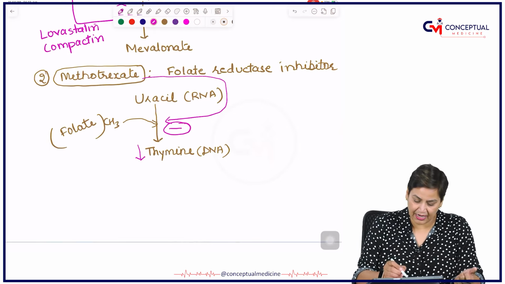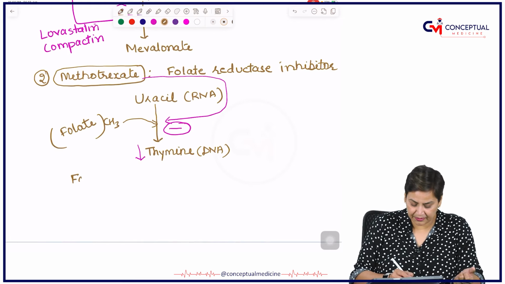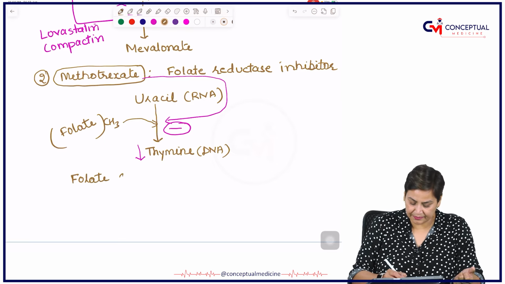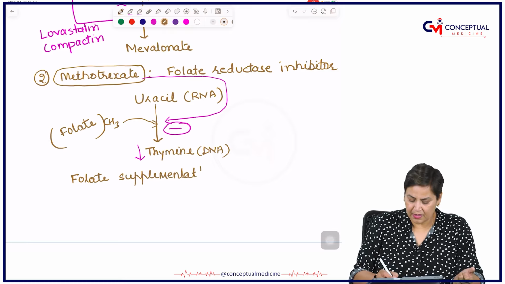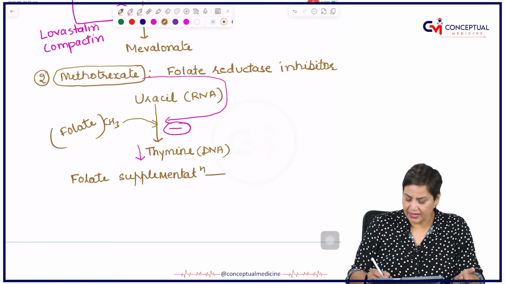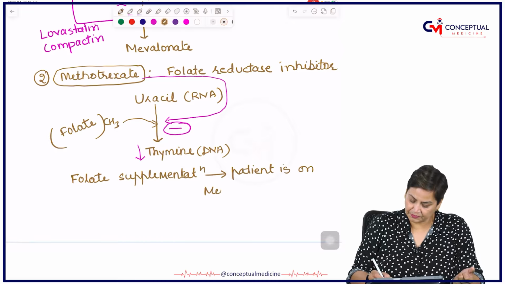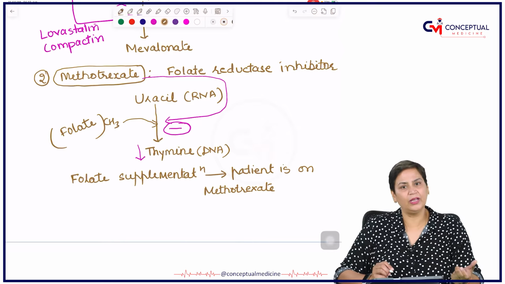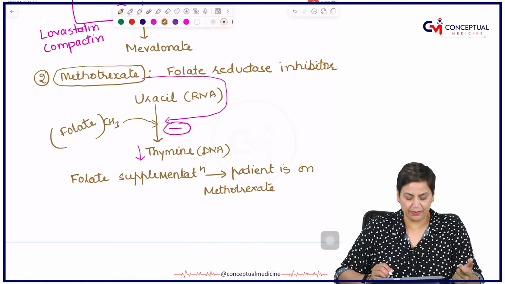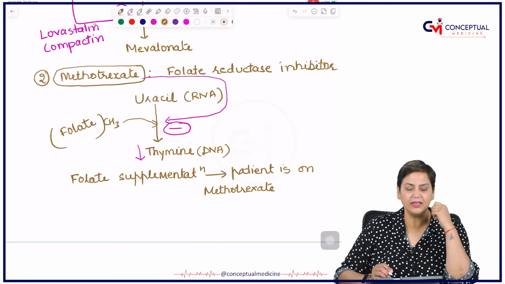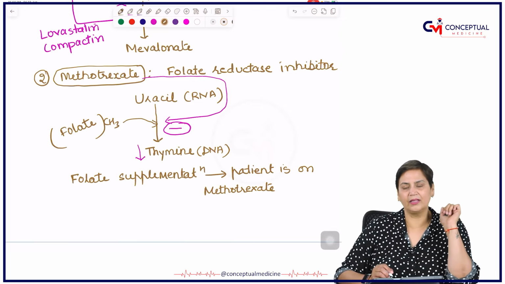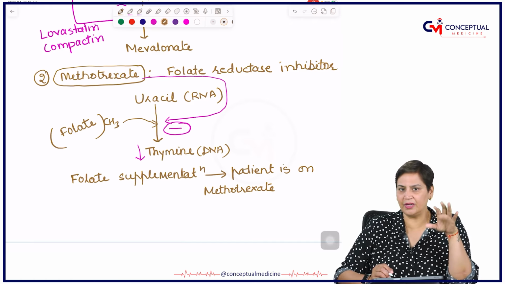I'll just mention that folate supplementation is provided when a patient is on methotrexate. Because folic acid is required for other important things, and methotrexate is inhibiting this reaction. So, these two are very, very important examples of competitive inhibition.